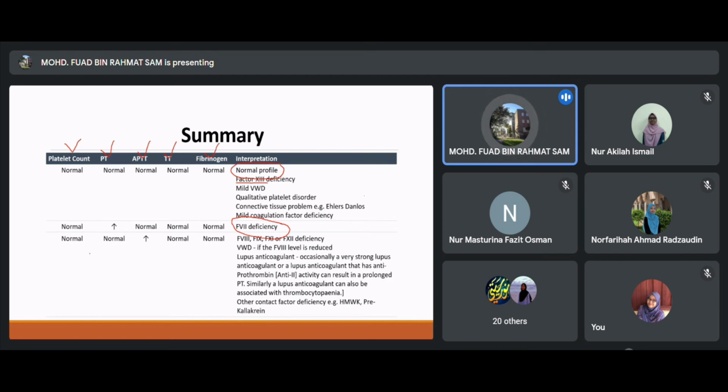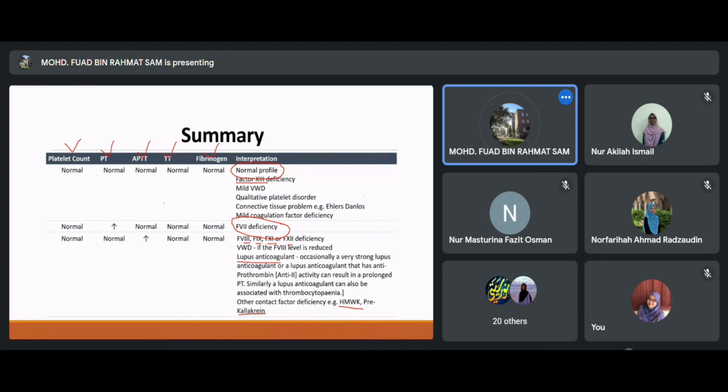But how about if the platelet count is normal, the PT is normal, but the APTT is prolonged or high, the TT and also the fibrinogen are in normal range, maybe the deficiency of factor 8, 9, 11 and 12, maybe because of VWD, von Willebrand disease, maybe because of lupus anticoagulant, maybe because of other factor deficiency like HMWK or pre-kallikrein.